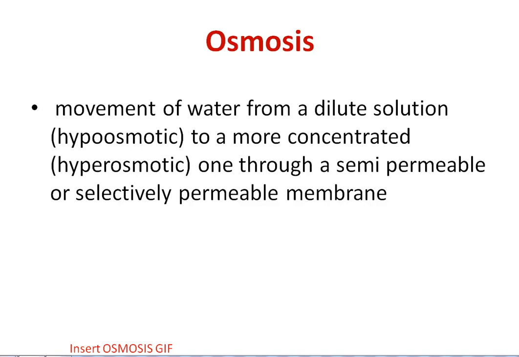Next we have another type of membrane transport called osmosis, which is a special form of diffusion. It is the movement of water from a dilute solution, meaning of lesser concentration, to a more concentrated or hyperosmotic solution through a semi-permeable membrane, or a selectively permeable membrane.